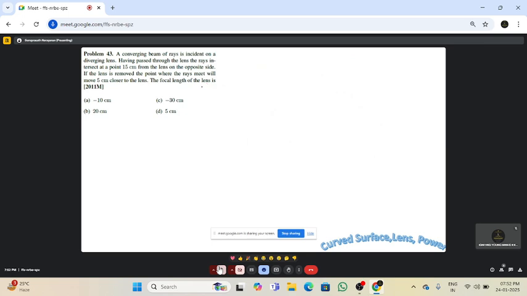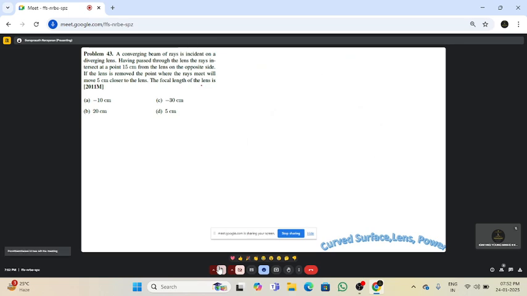A converging beam of rays is incident on a diverging lens. Having passed through the lens, the rays intersect at a point 0.15 centimeter from the lens on the opposite side. If the lens is removed, the point where the rays meet will move 5 centimeter closer to the lens.